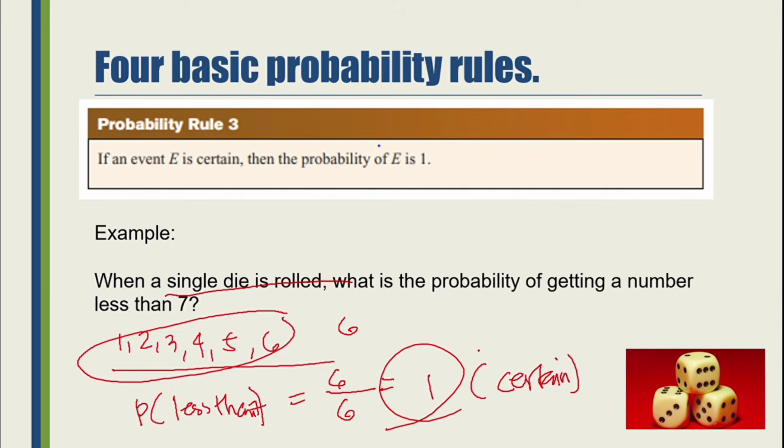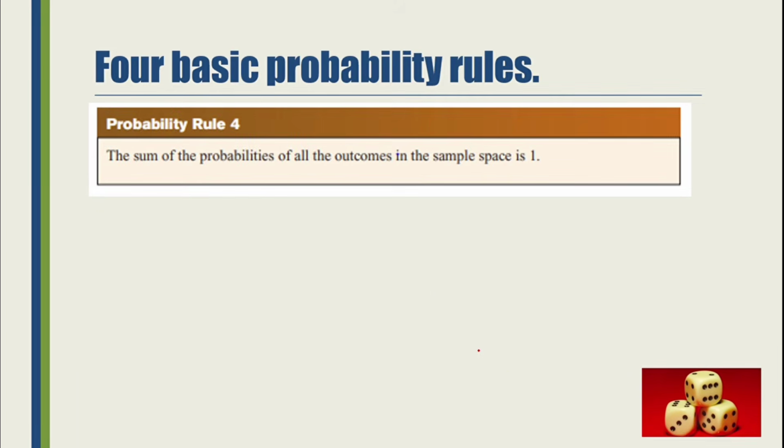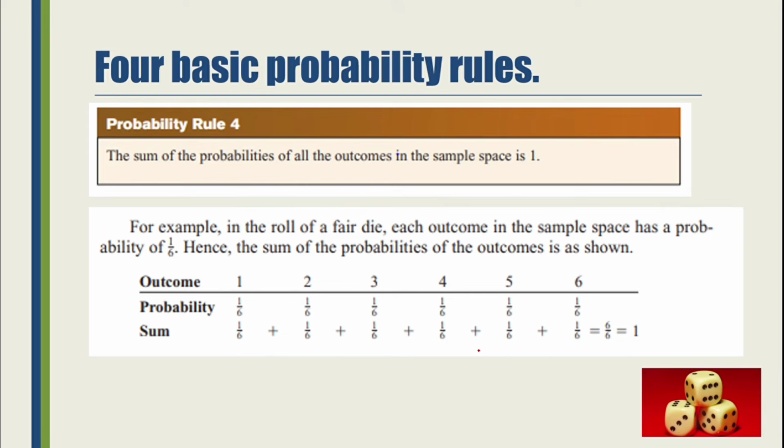Okay? So rule number 4. Probability rule number 4: the sum of the probabilities of all outcomes in the sample space is 1. For example, for a fair die, each outcome in the sample space has a probability of 1/6. Hence, the sum of the probabilities of all outcomes is as shown here.